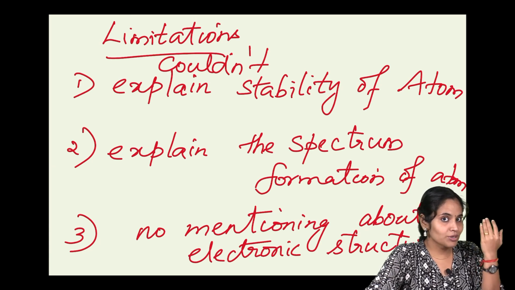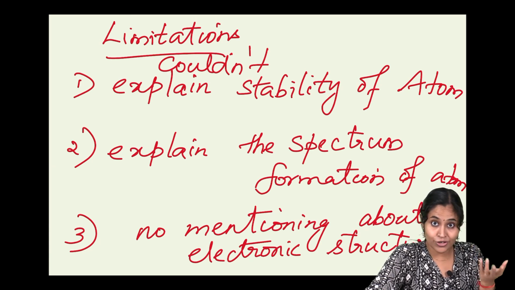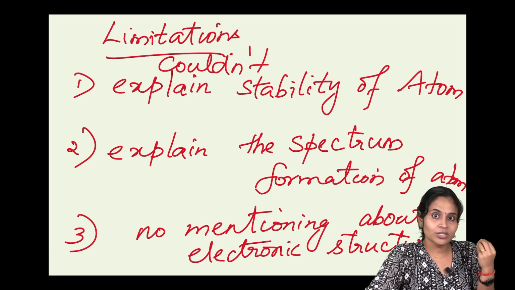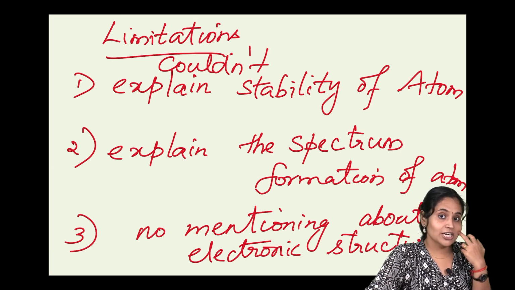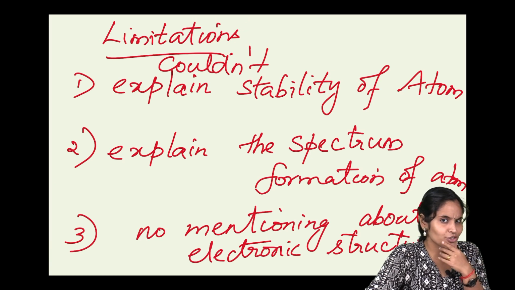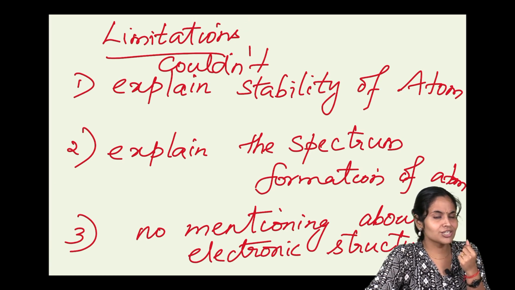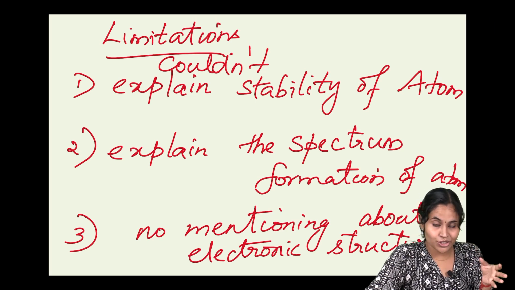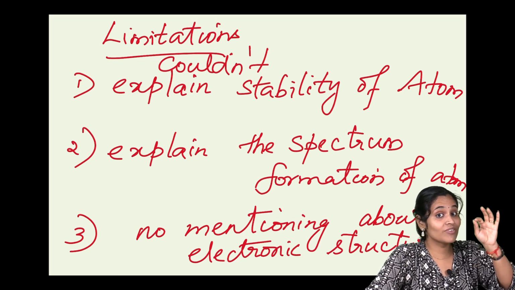And we have discussed the mass of protons and the mass of neutrons, which are the neutral particles present in an atom. We also discussed the e by m ratio of electron. What was the e by m ratio of electron? Yeah, 1.76 into 10 raised to 11 coulombs per kilogram. That was the e by m ratio of electrons. So you have to learn all these values by heart.